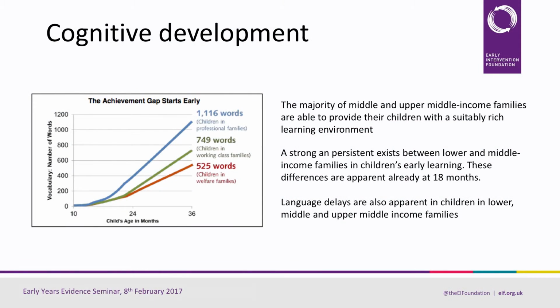Some people have called this the 30 million word gap. And I have the graph on the side here. It's showing here that in middle income families, an average 3-year-old has 1,116 words, whereas in low-income families, they have 525 words. That's the vocabulary.